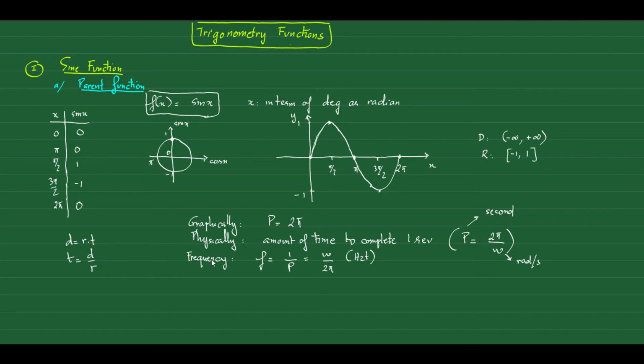So the frequency, literally, is the number of revolutions per unit time. It tells you the number of revolutions for 1 second, or the number of revolutions for 1 minute, something like that. That's what frequency means.